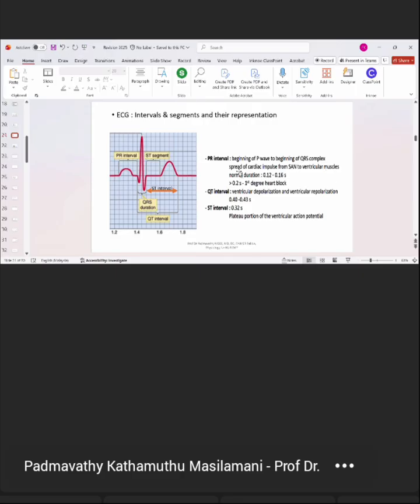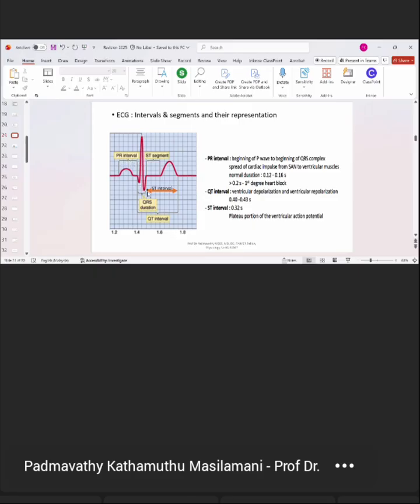The normal duration is 0.12 to 0.2 seconds. If it is more than 0.2 seconds, that means there is a delay in conduction that indicates first degree heart block. Okay, first degree heart block. So this is one of the intervals.